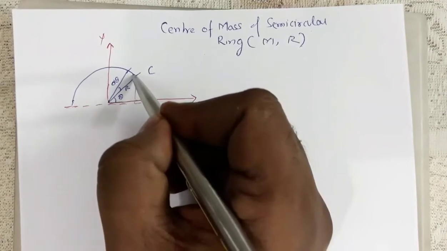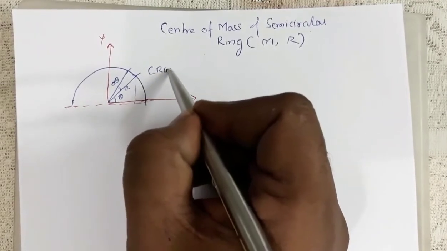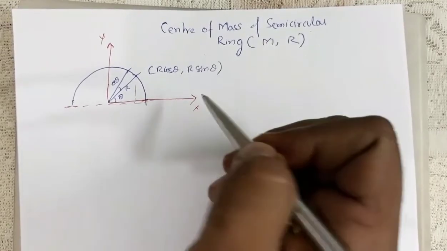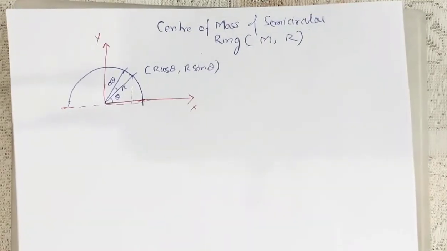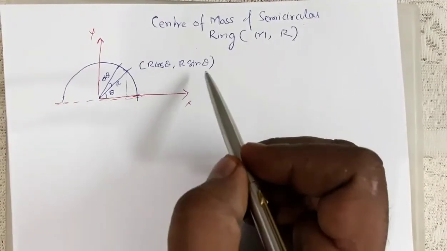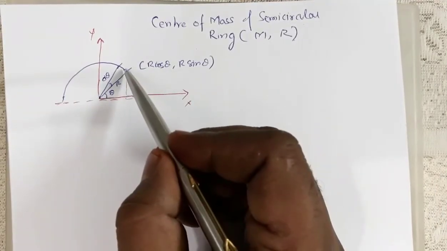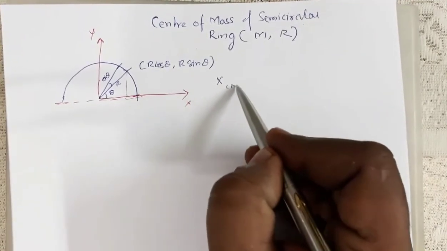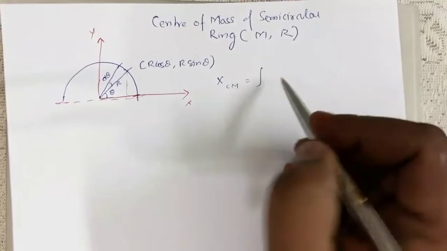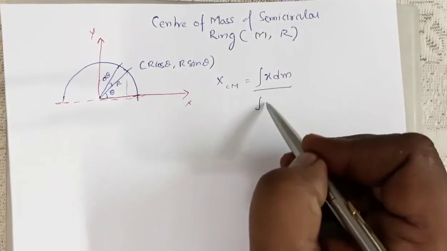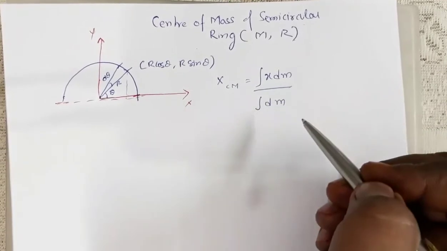So that means this element will have x coordinate r cos theta and y coordinate r sin theta. Okay, so now we know the x coordinate and y coordinate of this differential element. Now the x coordinate of the center of mass is integral x dm divided by integral dm.